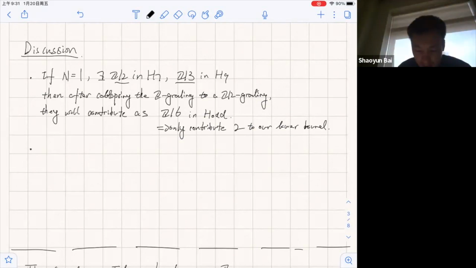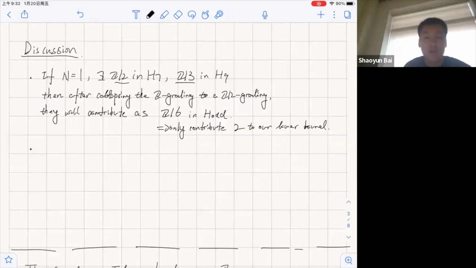You could criticize that, well, why don't you prove that the lower bound could be given by this quantity without collapsing the grading, but the problem is we have to use Floer homology. I think it's an interesting question whether one could improve this lower bound by going from Z mod 2n grading to Z grading.